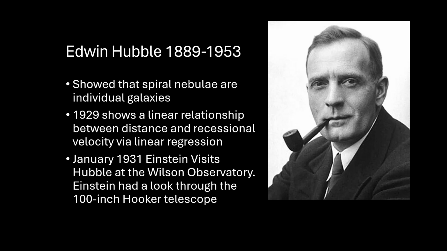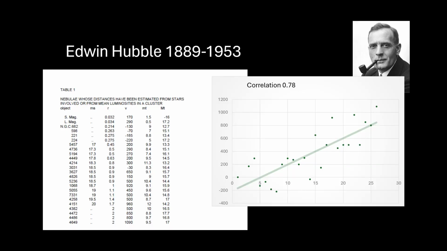In January of 1931, Einstein actually went to visit Hubble at the Wilson Observatory looking through the 100-inch Hooker telescope. This is the actual Hubble data on the left, and on the right I've plotted the distance to galaxies versus the recessional velocity. You'll note that I've also given a least squares line of best fit and calculated the correlation coefficient to be 0.78. So it looks like the further away you go, those galaxies are moving faster and faster away from us.